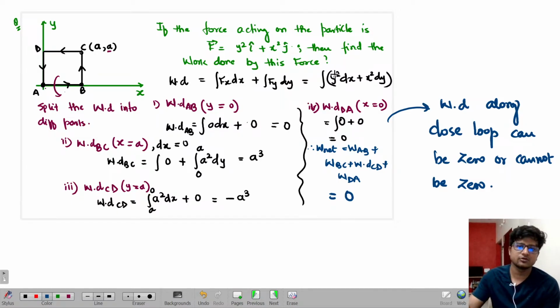Whenever the force is variable and there is a closed loop, keep that in mind. Don't say that the net work done is 0. It can be 0, it cannot be 0 also.